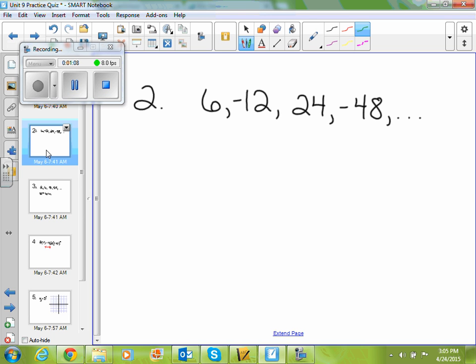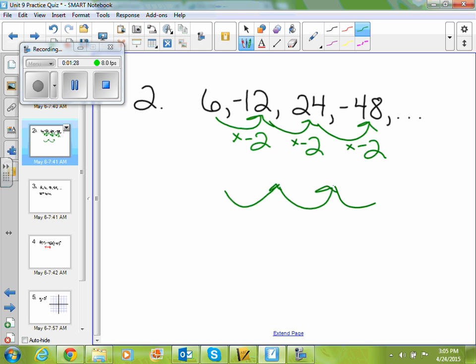Yes. Okay, on number 2, I'm asked to find my next 3 terms. What do I need to do to get from 6 to negative 12? Times negative 2. And from there, times negative 2, times negative 2. In order to find my next 3 terms, I have to do that 3 more times.